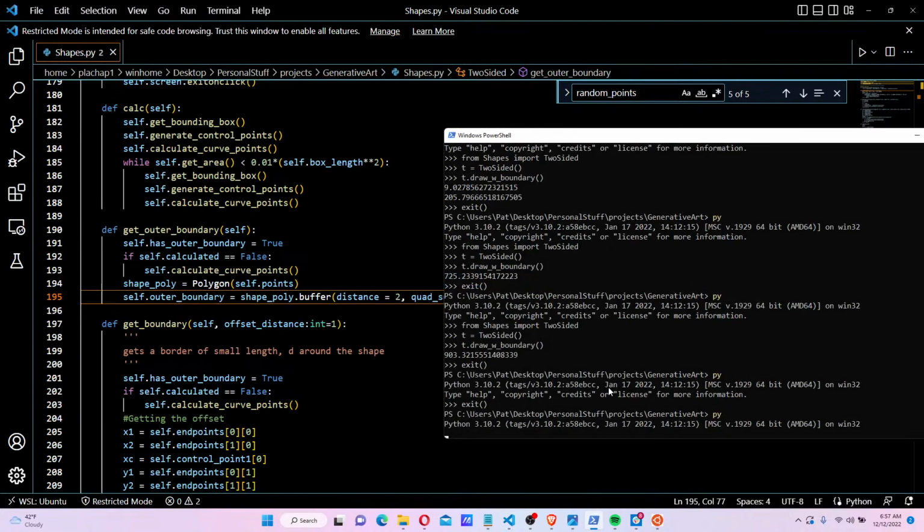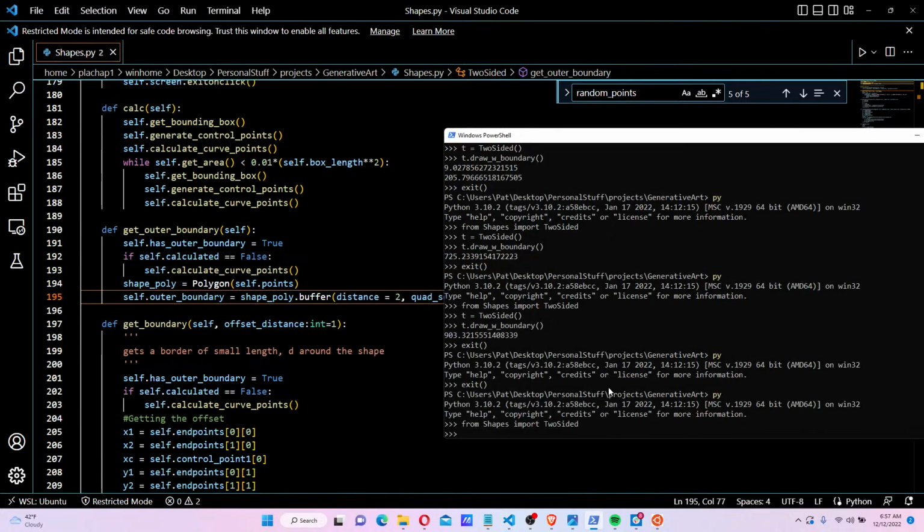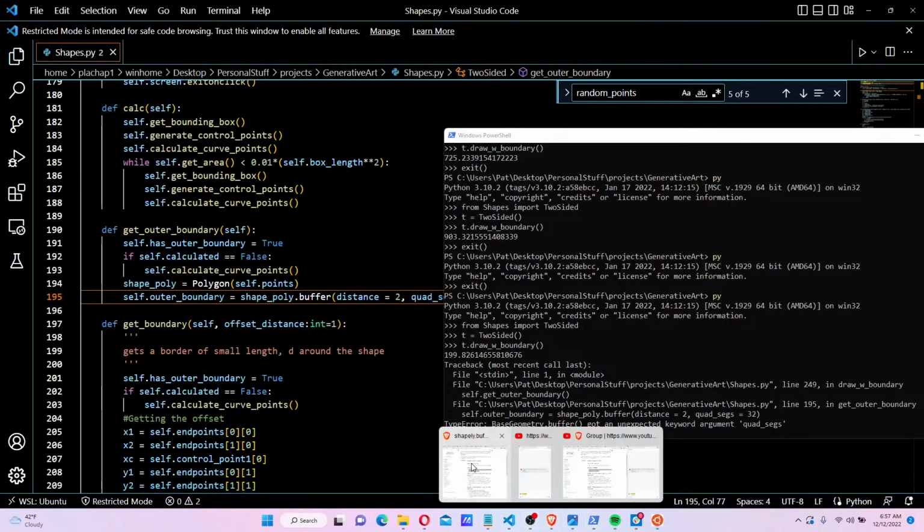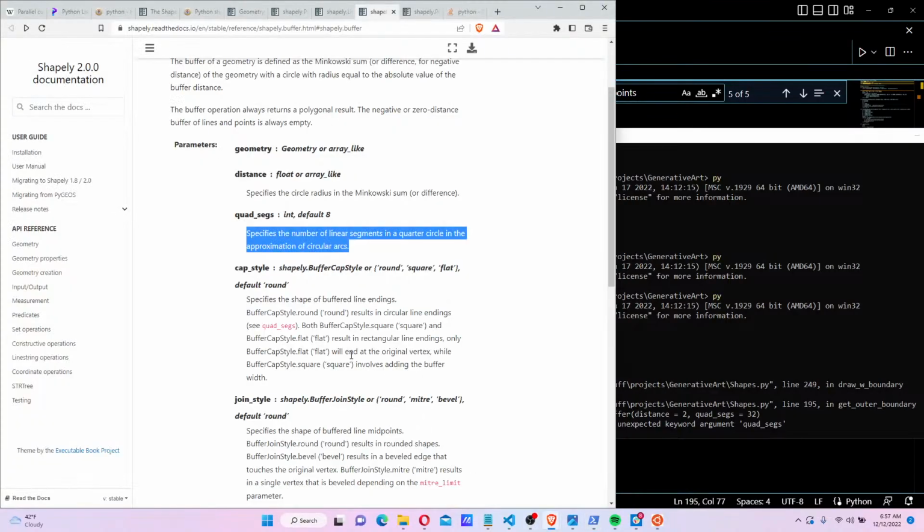Okay. Now if we run this one. Unexpected keyword, quad segs. Quad underscore segs.